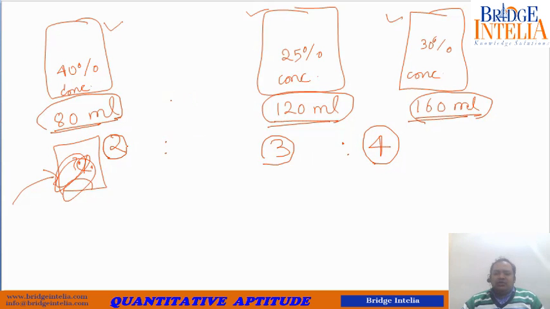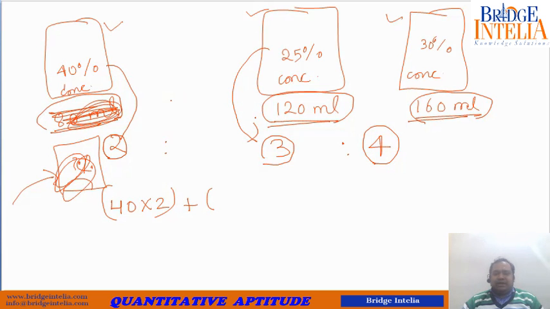Now you have to mix all these three. We want to know the final concentration, so take the weighted average. Weighted average means 40 into 2 plus 25 into 3. That means these figures, 80 ml, 120 ml, 160 ml, do not matter anymore.